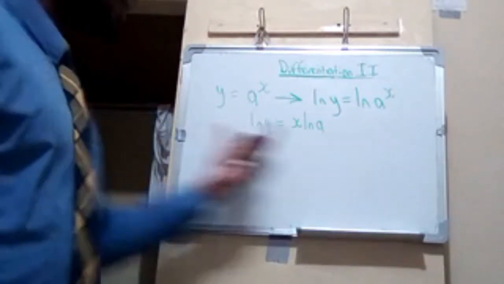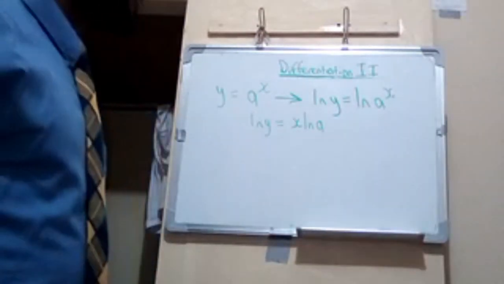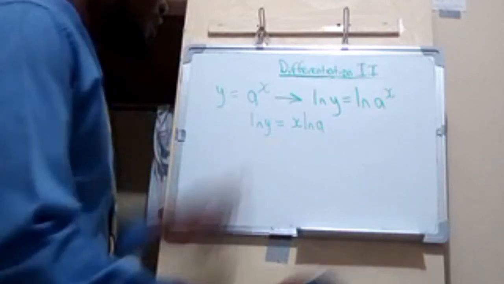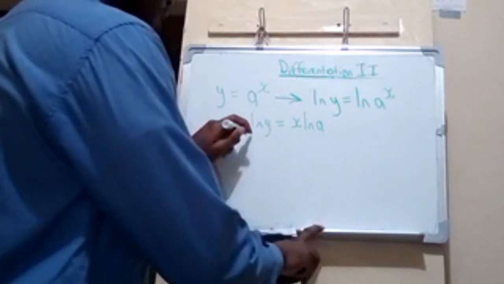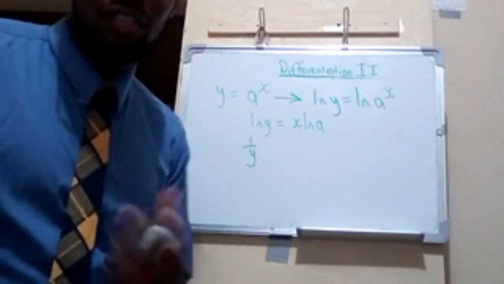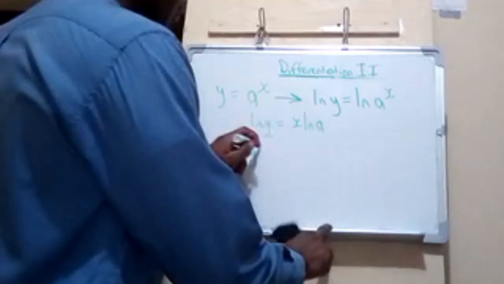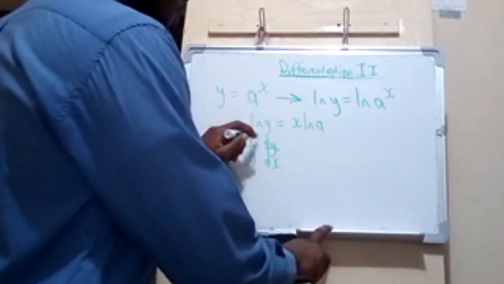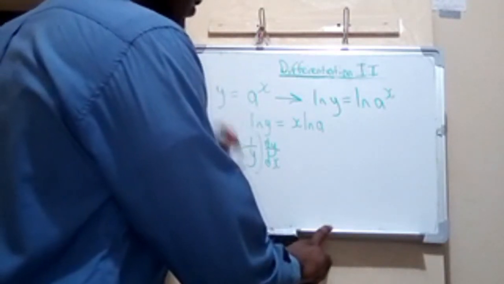Now I'm going to have to differentiate both sides. When I differentiate ln y, I get 1 over y, but I'm differentiating y with respect to x, and so I have to write dy by dx. So it is 1 over y times dy by dx.